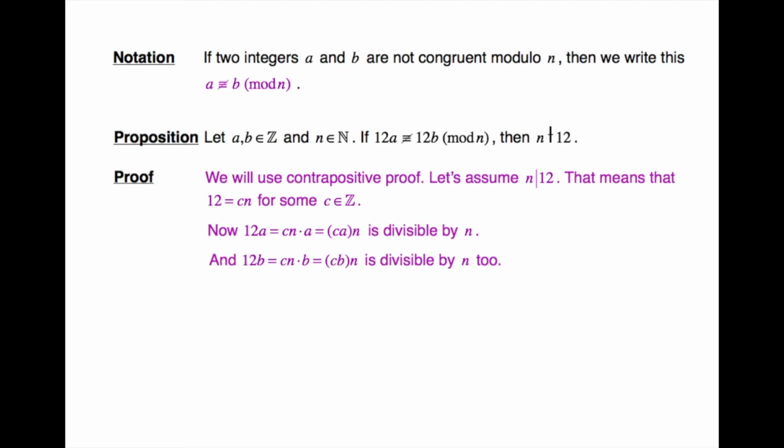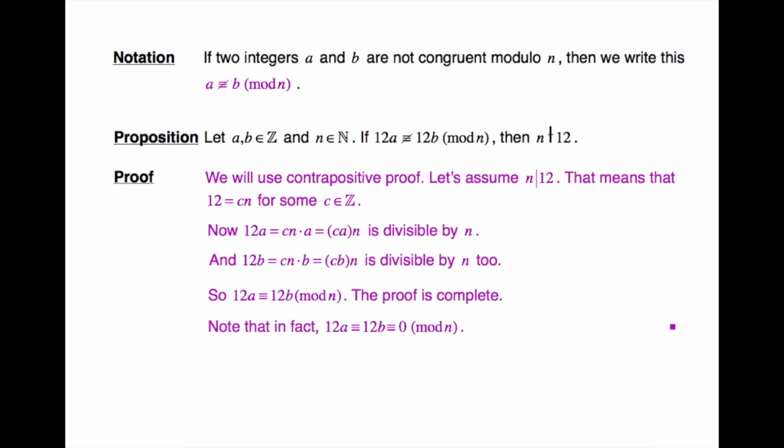We can do the exact same trick with 12b and find that 12b equals cb times n, so it is divisible by n too. Now, since they're both divisible by n, it means their remainder is 0. So in that particular case, it means that 12a is congruent to 12b modulo n. So that completes the contrapositive proof.